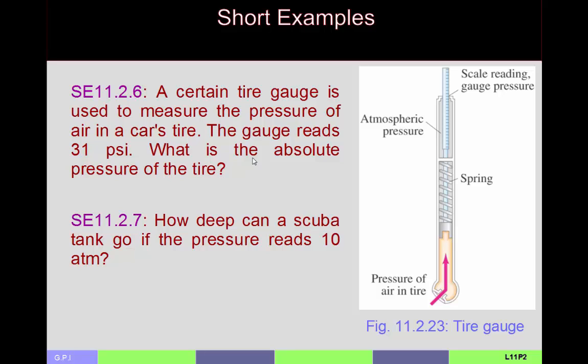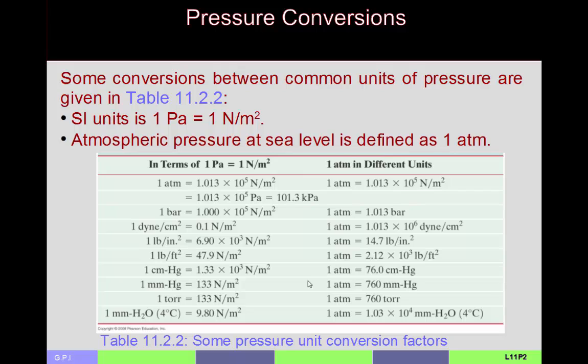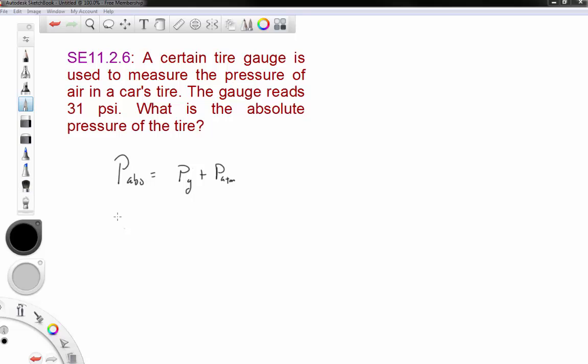We want to know what the absolute pressure of the tire is. So of course the absolute pressure is going to be the gauge pressure plus the atmospheric pressure. So what is the atmospheric pressure in psi? Well, that's where this table comes in. 1 atmosphere is 14.7 pounds per square inch, so 14.7 psi.